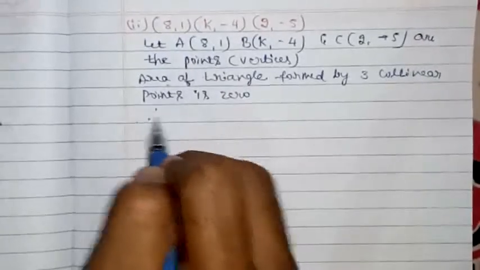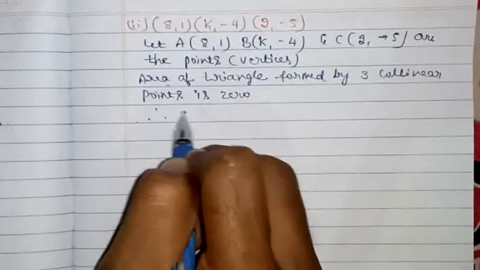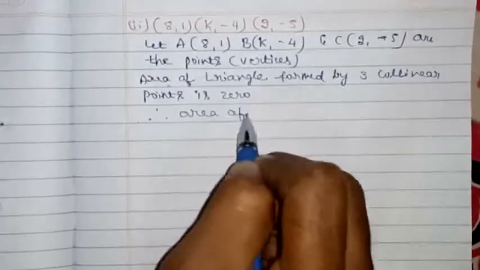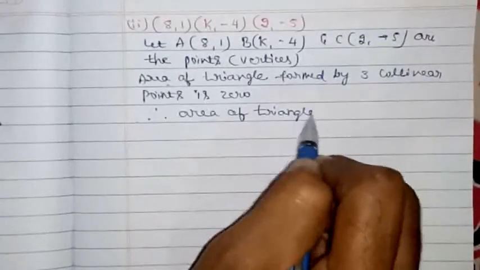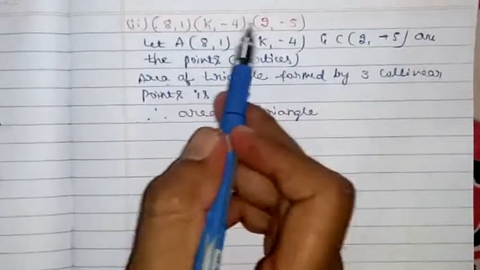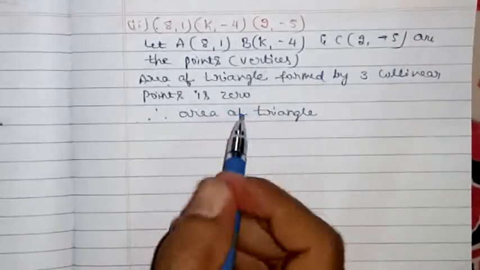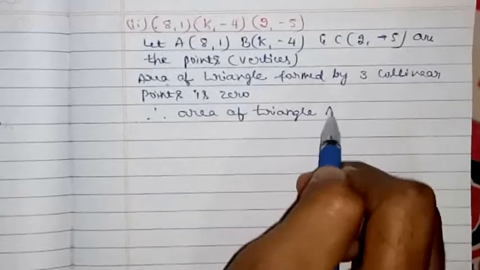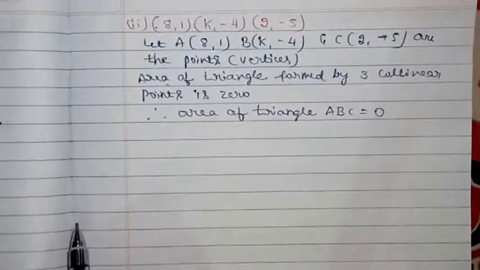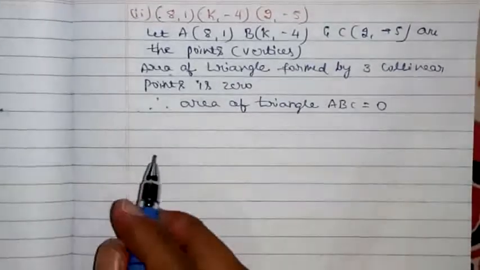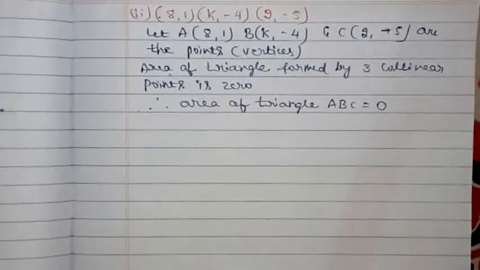So therefore I can write directly, therefore area of triangle. So this is another coordinate points for the another triangle ABC I'm taking. Okay, so therefore area of a triangle ABC is equal to how much? 0. Okay, so now as usual write down the points.